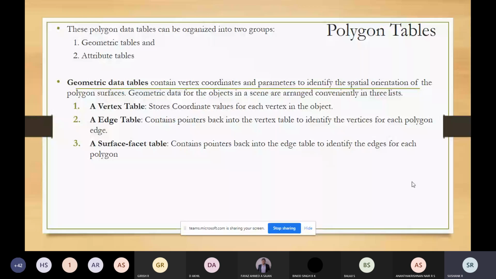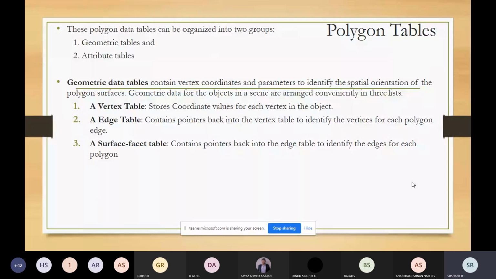All this data of the polygon will be stored in tables, which we call polygon tables. This data can be used for subsequent processing of the object, manipulation of the object, and displaying of the object.